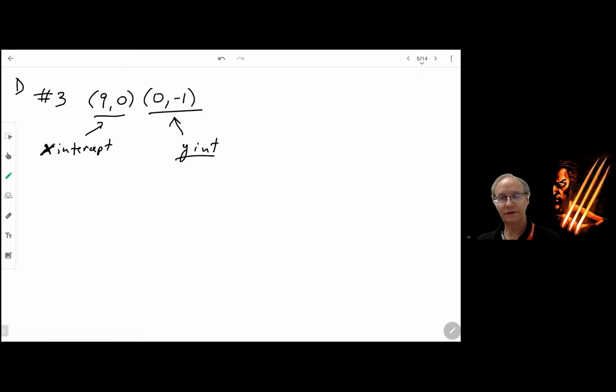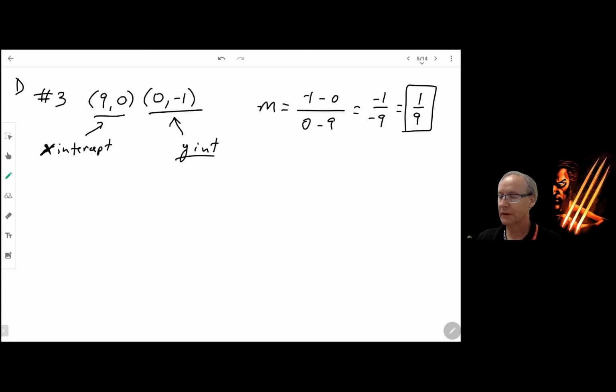So if I do the slope between these, if I find the slope, which is y2 minus y1, that's -1 minus 0, over x2 minus x1, which is 0 minus 9, I get -1 over -9, which is the same as 1 over 9. Well, there's my slope, and there's my y-intercept.